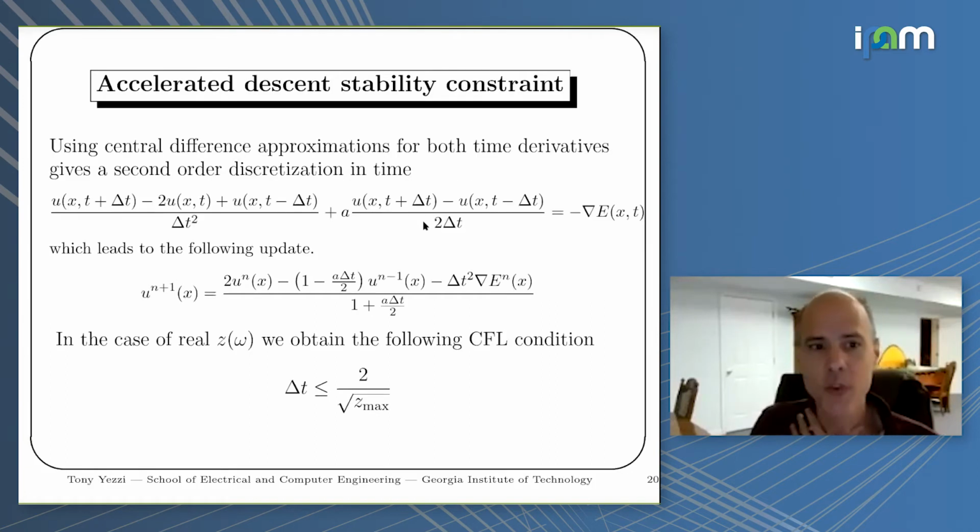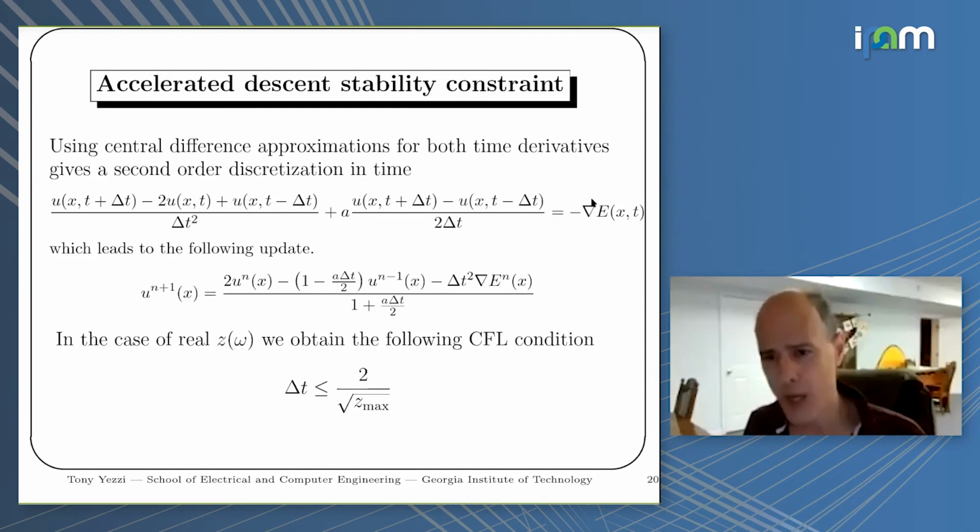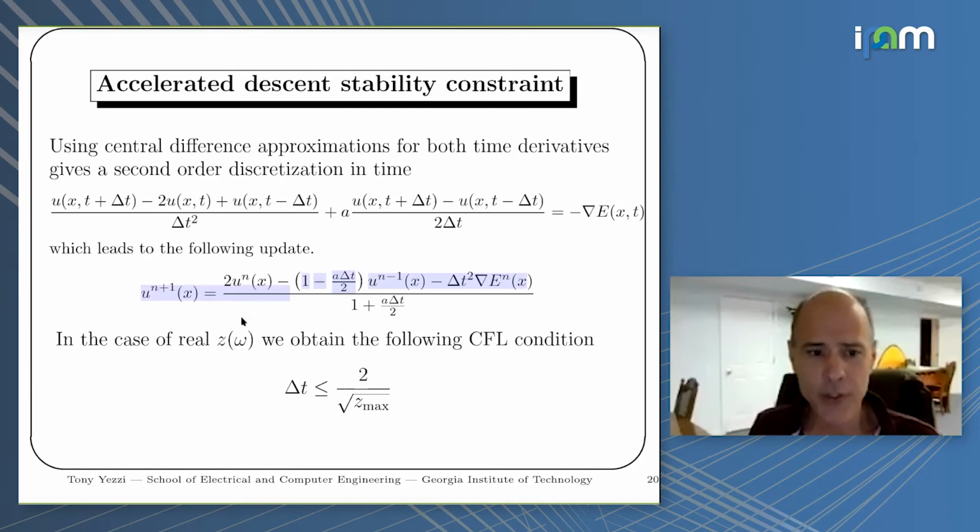So for PDE acceleration, in this case, we have to discretize a second and a first derivative in time. So if we just use central differences for both of those, and again, we use whatever linearization we have of the gradient that we considered before, then we get this following update here. And in that case, the CFL condition, in the case that the gradient amplifier is real, looks like this.